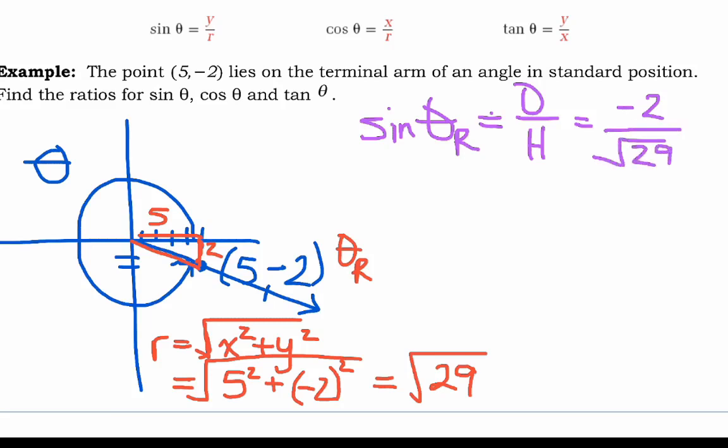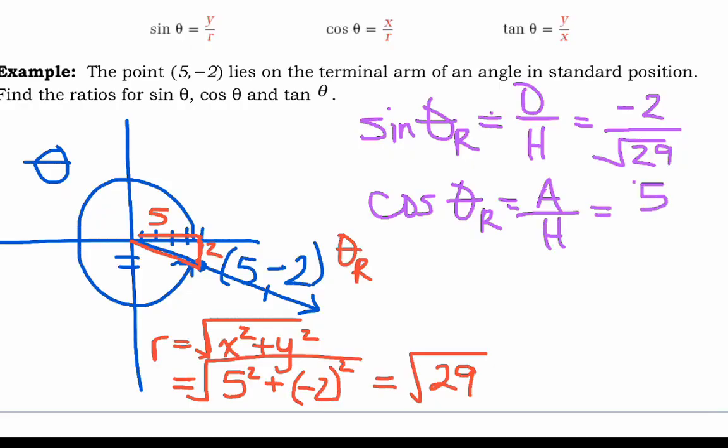So that's our ratio for sine theta. Cosine, again, of the reference angle, is the adjacent side divided by the hypotenuse. The adjacent side is the x value, 5. Hypotenuse is still root 29. So 5 over root 29 is our cosine.